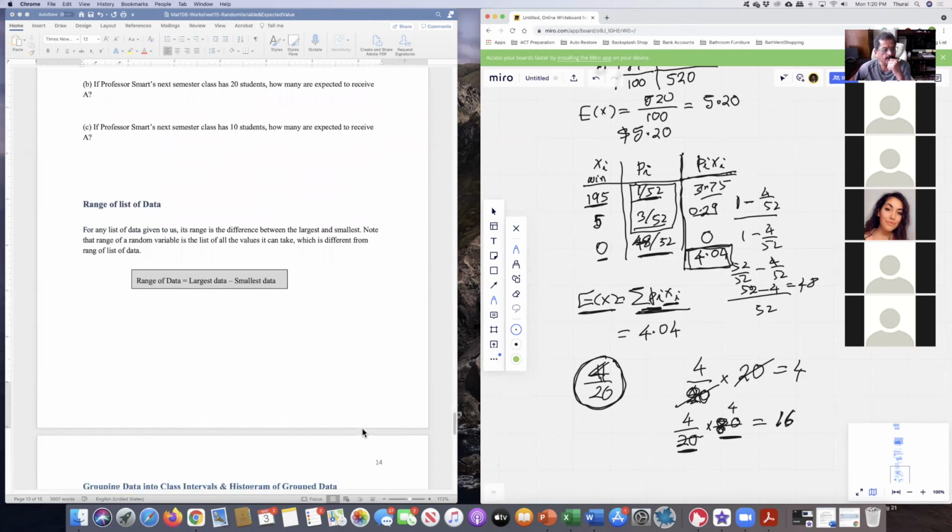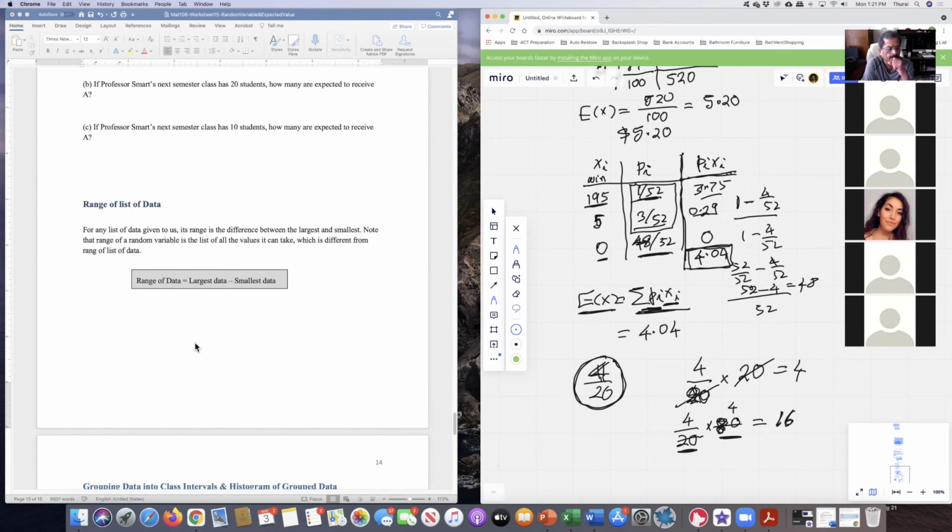Okay, range of data. Now, if they give you a long list of data, statistics is about analyzing a list of data, a bunch of numbers given to you that you have to analyze. To analyze the data, you need to organize them, and frequency tables and probability tables are all ways of organizing the data. And we're going to learn more about organizing.